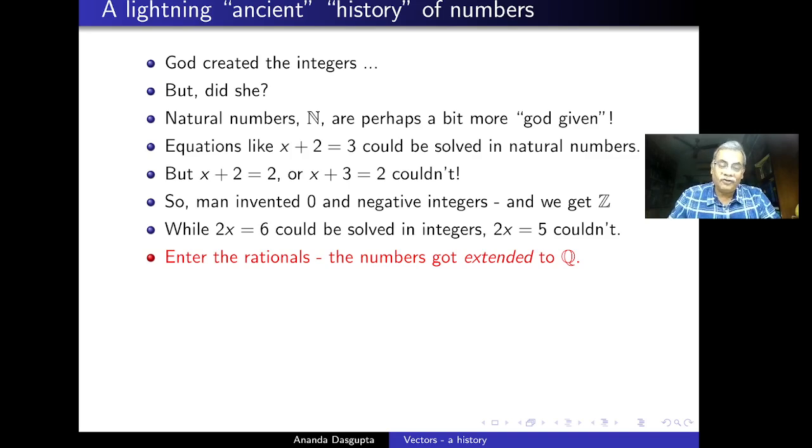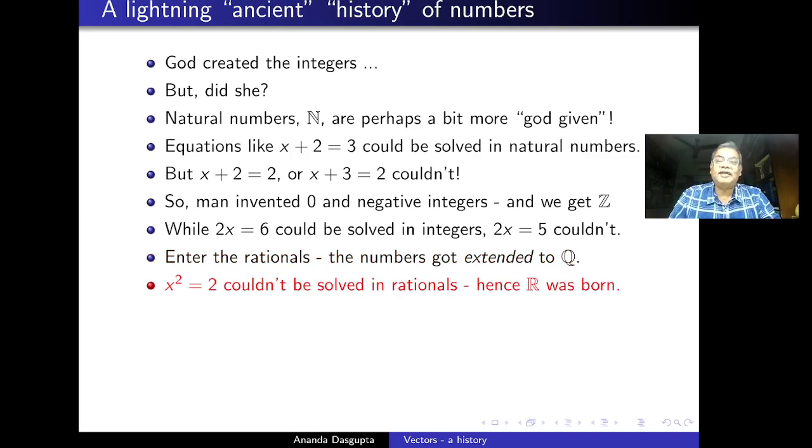But as you all know, you cannot solve all equations that you can write down with rationals in terms of a rational number. For example, x squared equals 2. Every piece of it other than x itself is a rational number, but you cannot solve x squared equals 2 using only rational numbers.